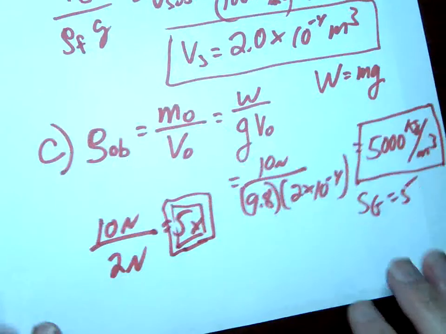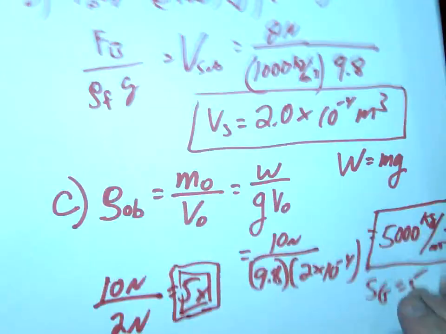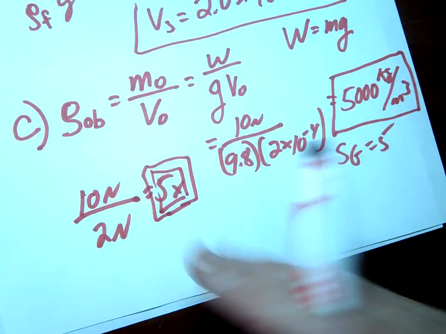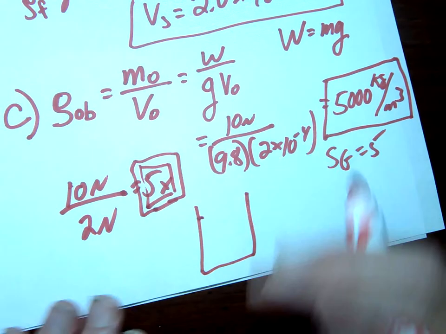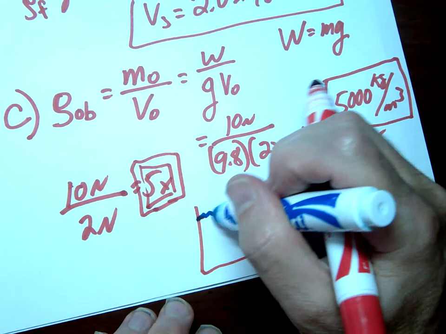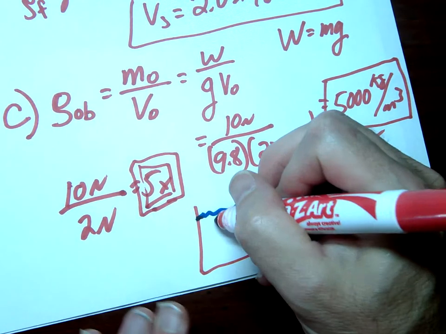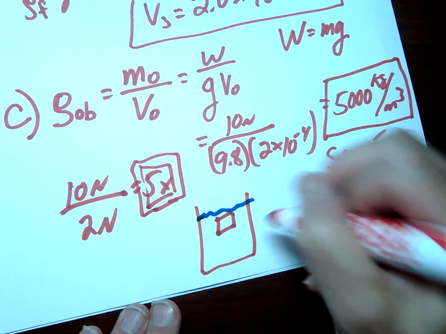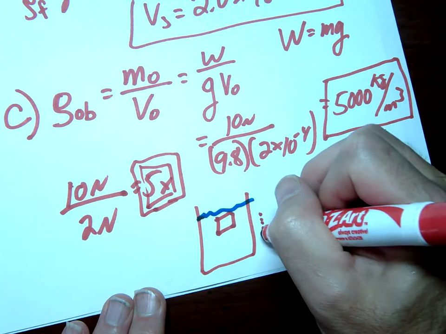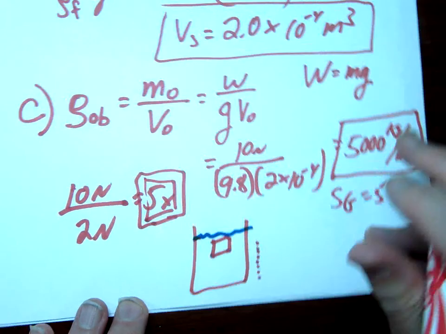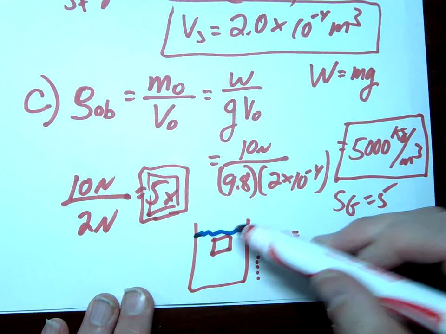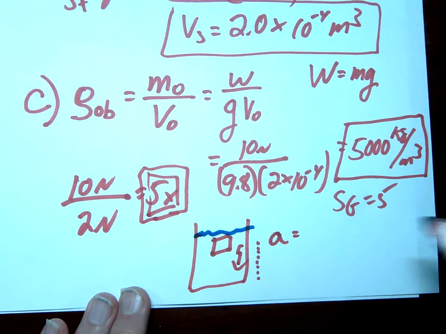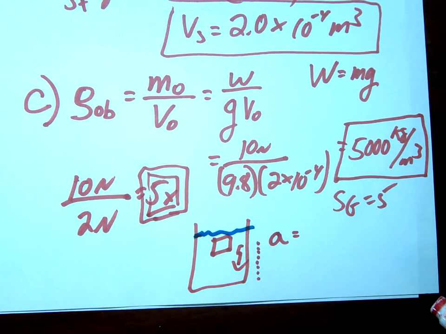One last question I'd like you to try is what would happen if we held it right here and then we just let it go. So we dropped it. Hopefully you'd see it's going to accelerate as it goes down. But how much is it going to be?